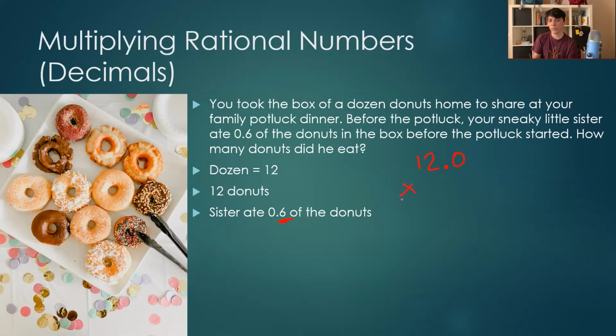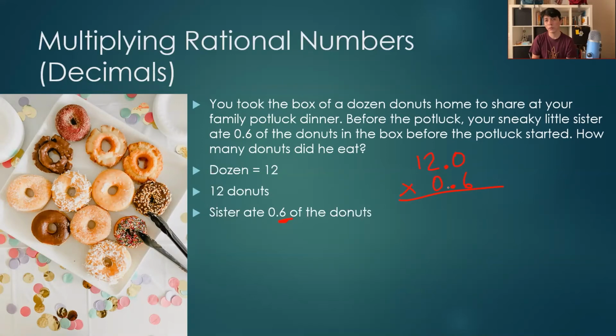I'll show you what I mean. So we have 0 ones. We're going to match the ones with the 2 ones that we have in the 12 here. Then we're going to match up the decimal, then match up the tenths together.